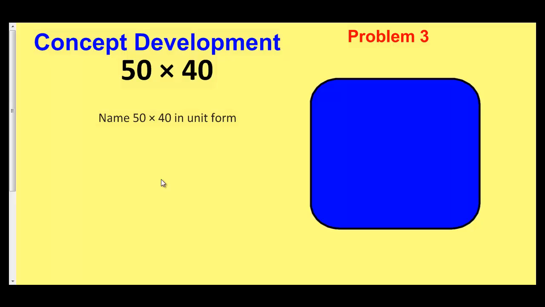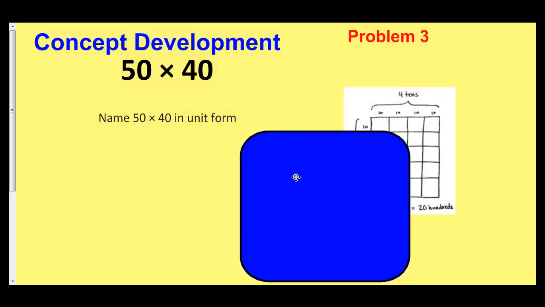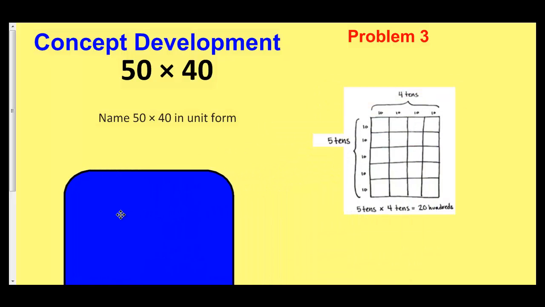So find some more space in your journal, and I want you to write the math problem 50 times 40 horizontally, just like you see it here. And then we're going to draw an area model. We're going to label it 4 tens across and 5 tens down. So you should end up with a total of 20 squares.